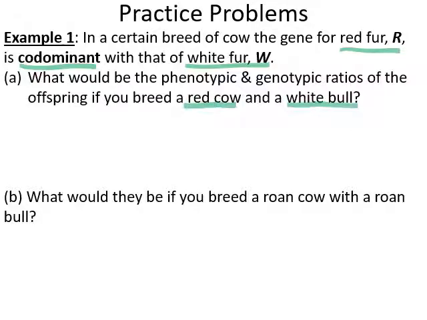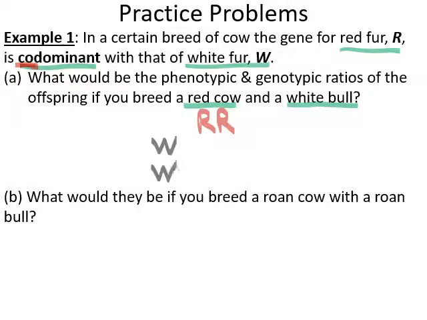And so let's look at this. So a red cow would have red fur, and if it has red fur, we're going to assume that it's homozygous for this red fur, because since this is codominant, if it was a heterozygous genotype, then it would have red and white fur.